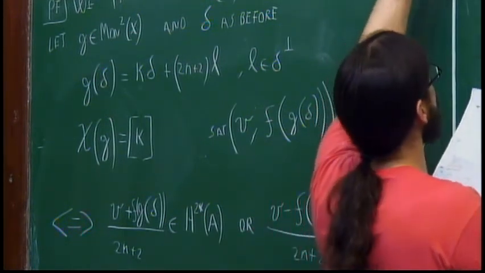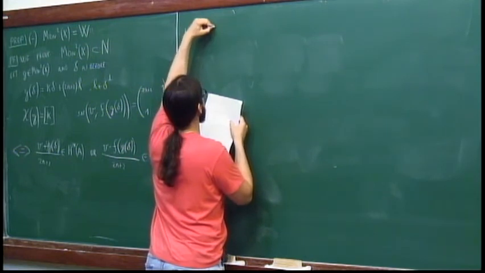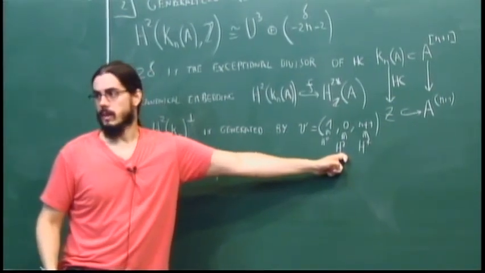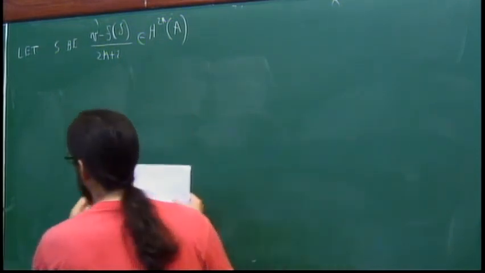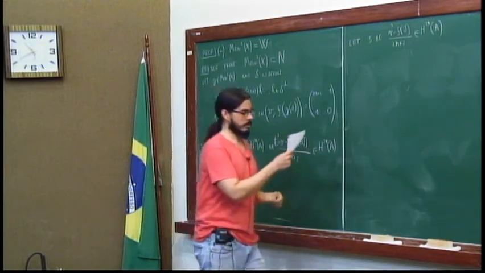And let S be V minus F of D divided by 2n plus 2, which by this description lies in H2 star of A. And let me give names to these: T for the first one and T prime for the second one.